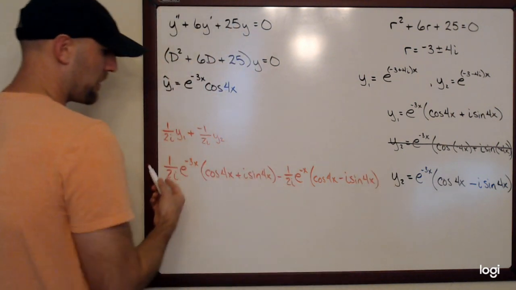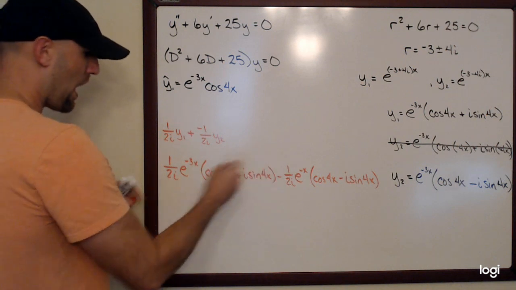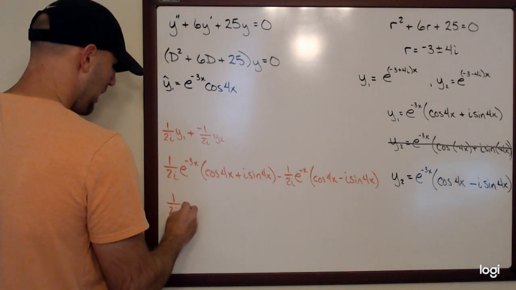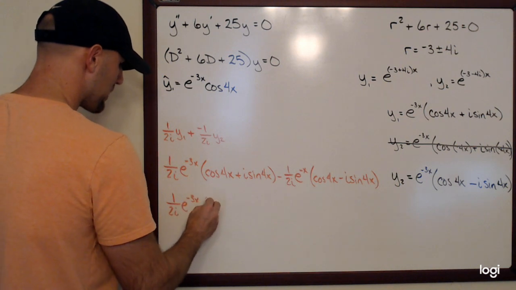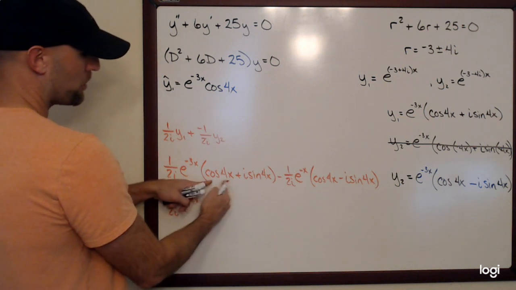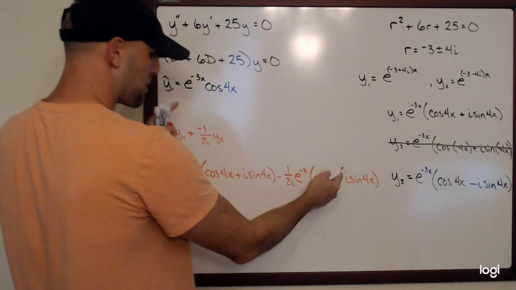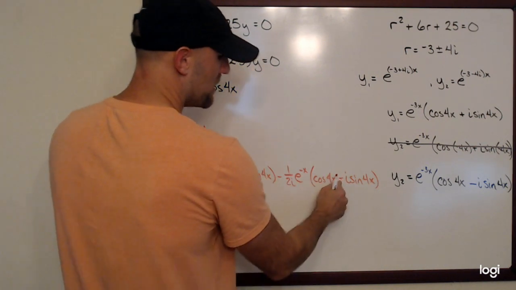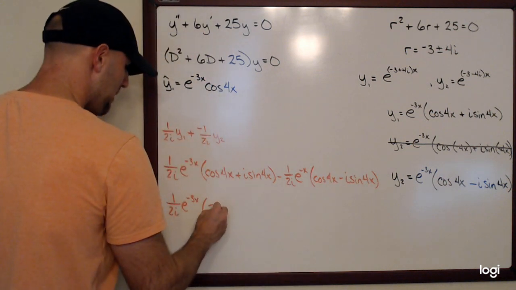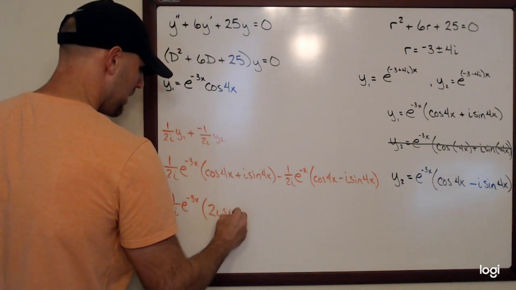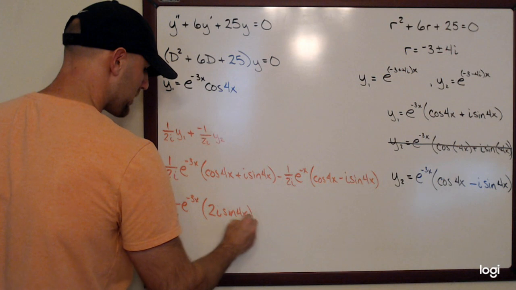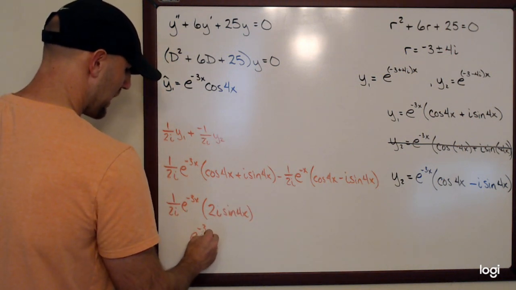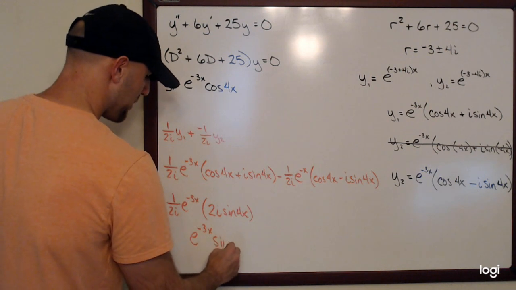I can factor out the 1 over 2i and e to the negative 3x. Okay? So now I get cosine 4x minus cosine 4x, but that's 0. And I get i sine 4x minus negative i sine 4x. That's 2i sine 4x. And sure enough, 2i times 1 over 2i gives me e to the negative 3x sine 4x.